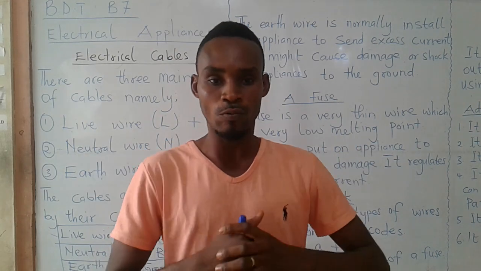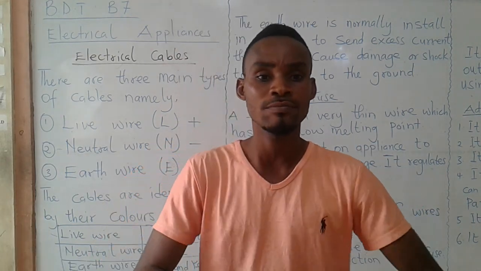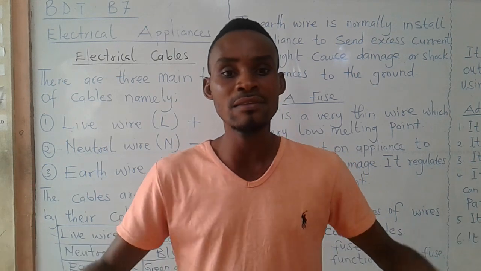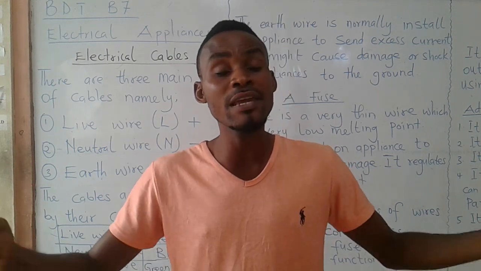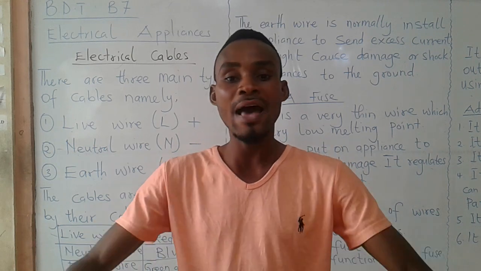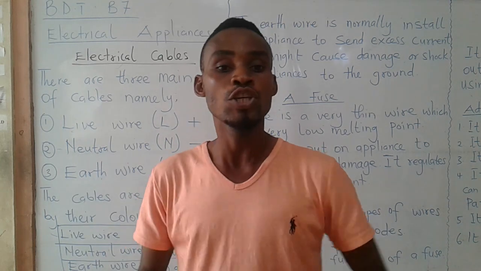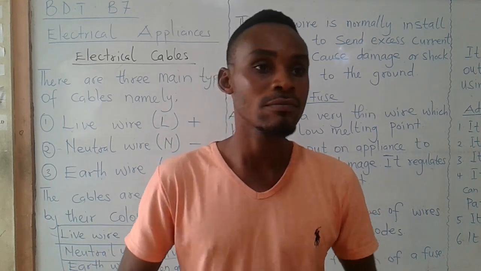Now let's move on. The current passes through wires and cables. And there are three cables that are connected to help pass currents from the source of electricity into the appliance.